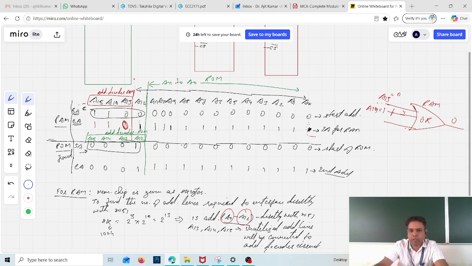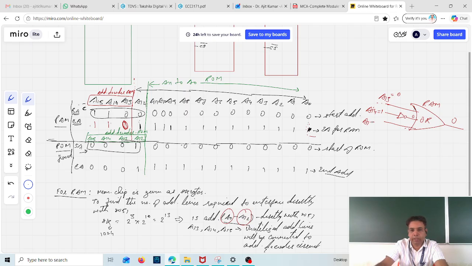So I will connect one NOT gate here, like this. Let me draw it. I'll draw A14, which is 1, and pass it through a NOT gate so that the input will be 0. And then A15 is also 1. You can see A15, A14 both are 1.